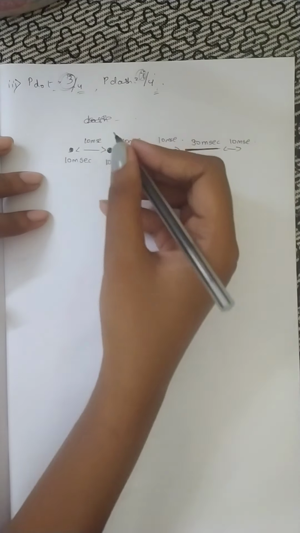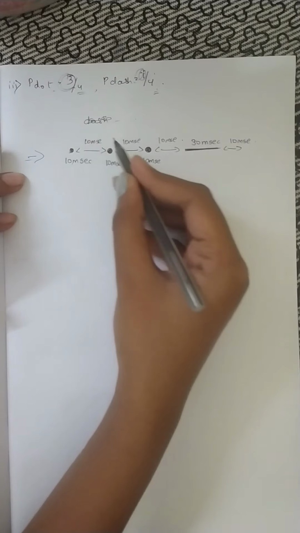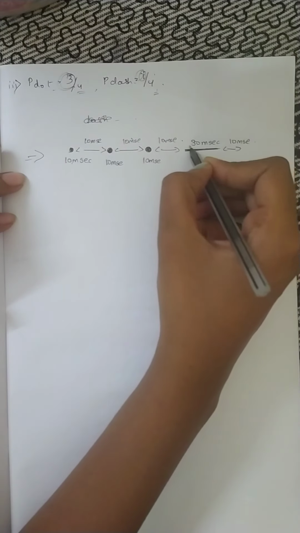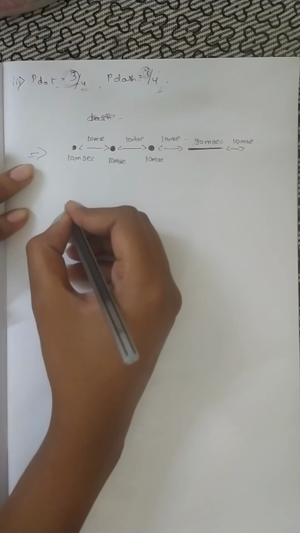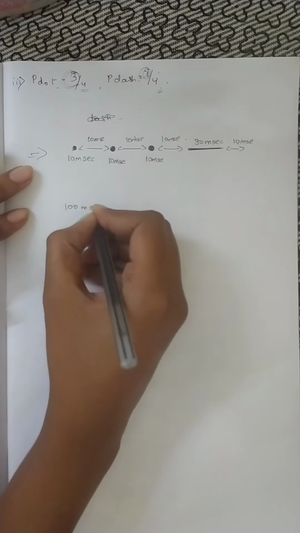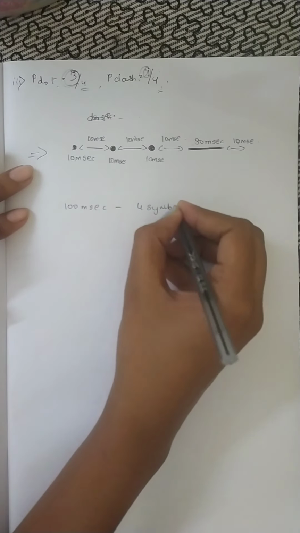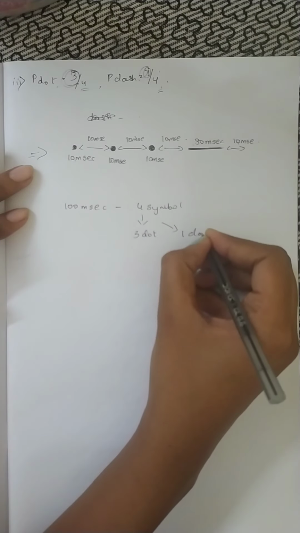Okay, so when you count it, it will be a total of 10, 20, 30, 40, 50, 60, 70, 80, 90 and 100. So a total of 100 milliseconds is required to transmit 4 symbols, where 3 are dots and 1 is a dash, right?